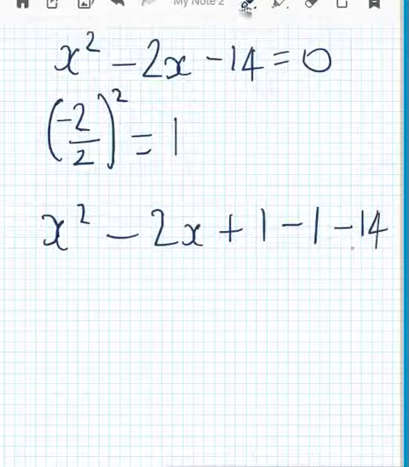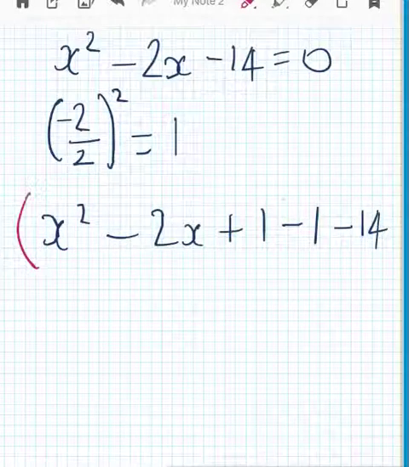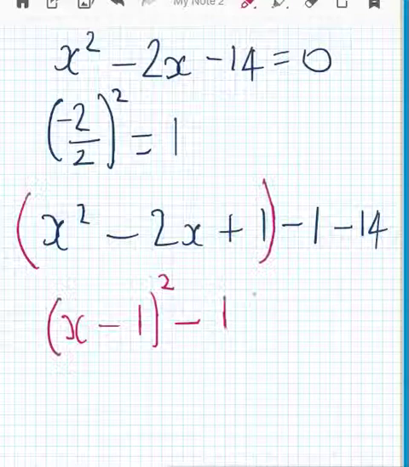This actually looks similar to a previous equation, but there is one difference, and that's this negative here. So don't think it's the same one. All right, get our brackets ready. This here is a perfect square, so we end up with x minus half of b, which was 1, and then we square it. And minus 1 minus 14 leaves us with minus 15.